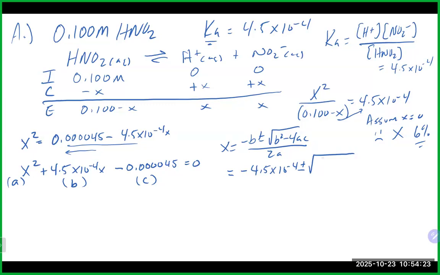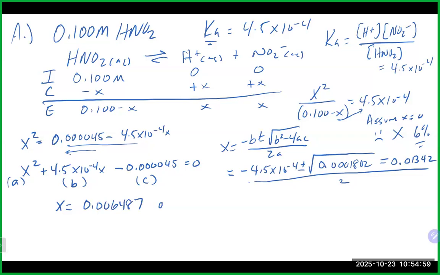Looks like inside, before you take the square root, we end up with 0.000180, which if you take the square root gives us 0.01342, all divided by 2. Going with the positive, addition: minus 4.5 times 10 to the minus 4 plus 0.01342, divided by 2.